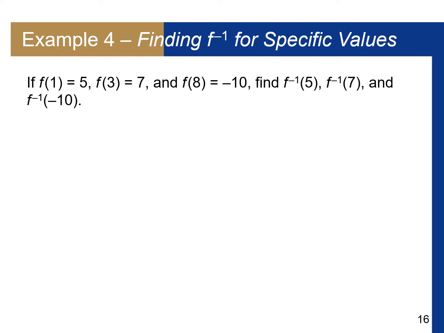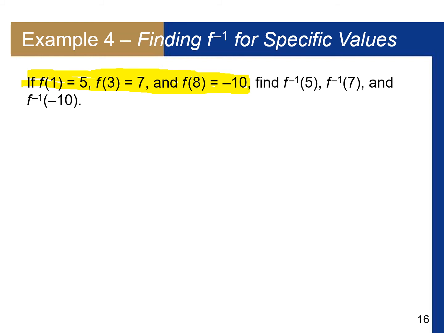So if I give you these values here, and I ask you, find the inverses of 5, 7, and 10. What I am doing here is looking at these function values that I get when I put it into the regular function, and I'm going to figure out what the inverses are.